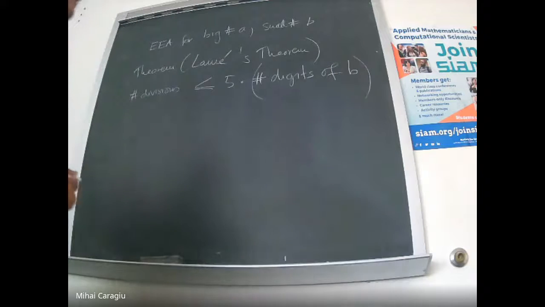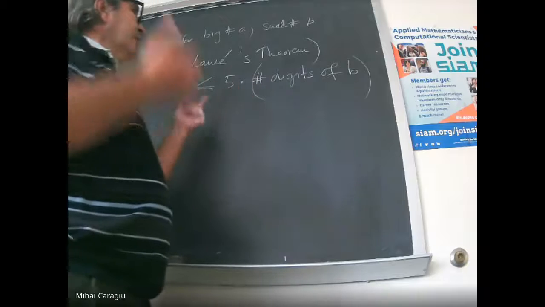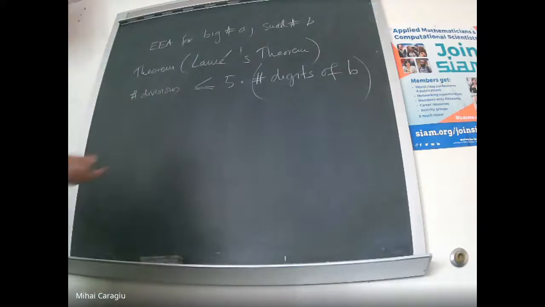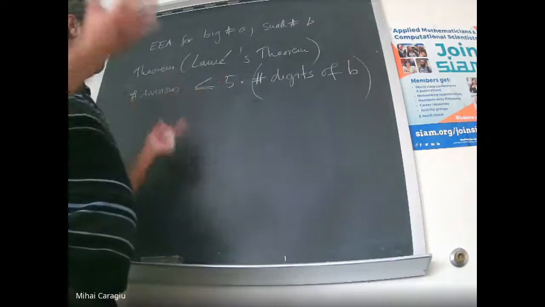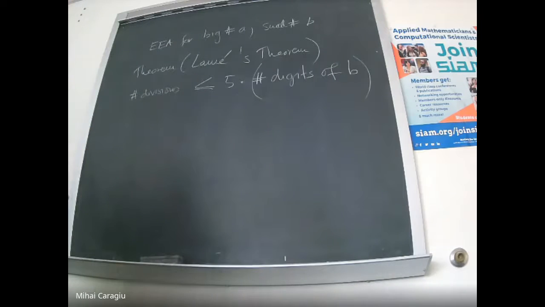That's a pretty effective algorithm, because if you are working with numbers which are 200 digits, we have to do at most 5 times 200, which is 1,000 divisions, which for a modern computer is just an easy task. Okay, so much about one important algorithm in cryptography. Next, we'll discuss the other important algorithm, which is fast exponentiation.